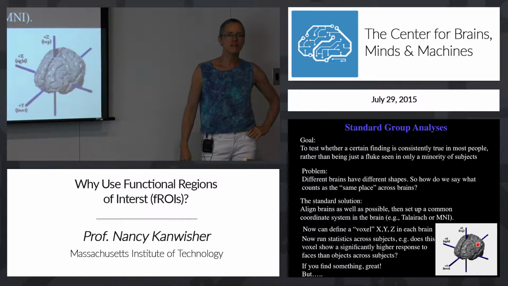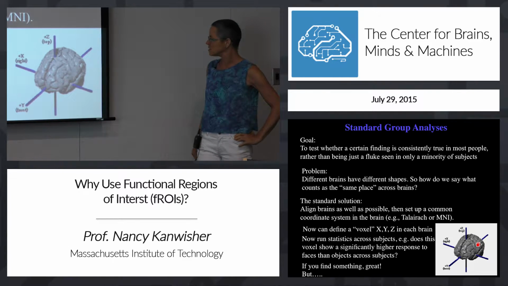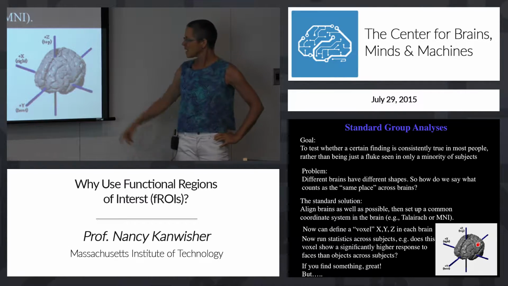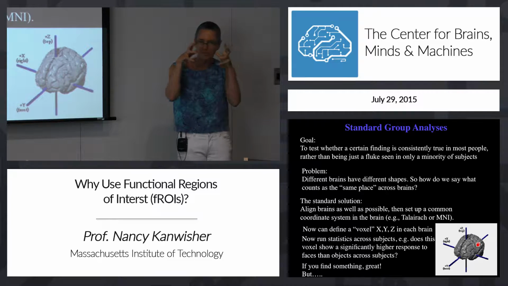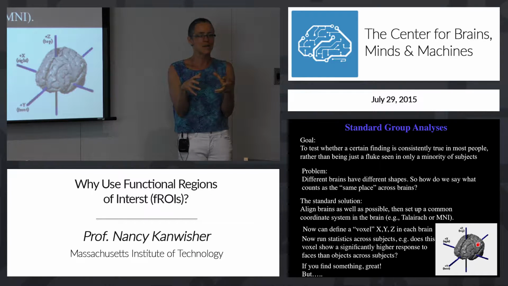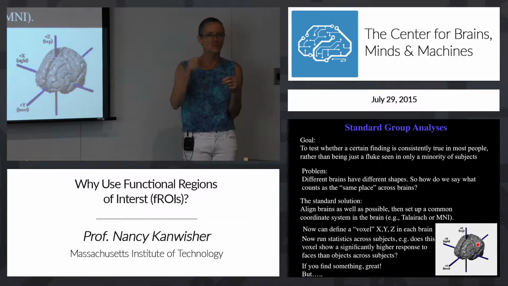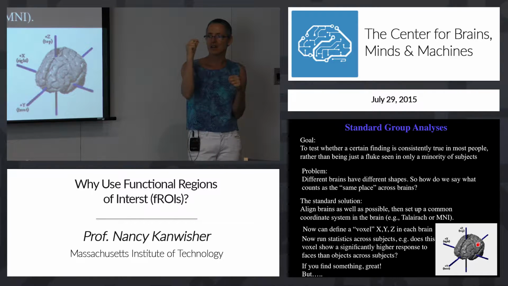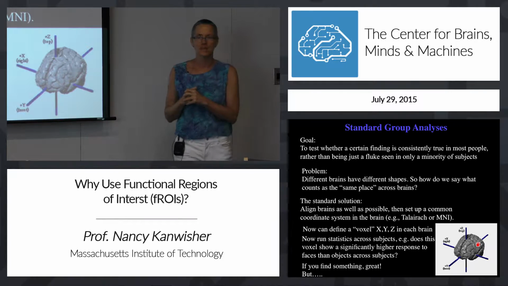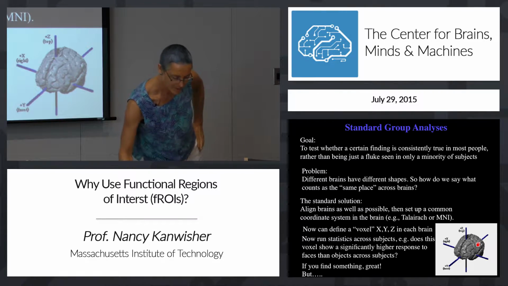Sometimes these are called Talairach coordinates or MNI coordinates. There's a bunch of different systems. They all share the property that you take this common space that you align all brains to, and you set up X, Y, and Z in that space so that you can specify the location in any brain in this coordinate system.